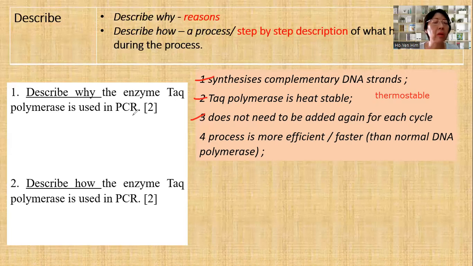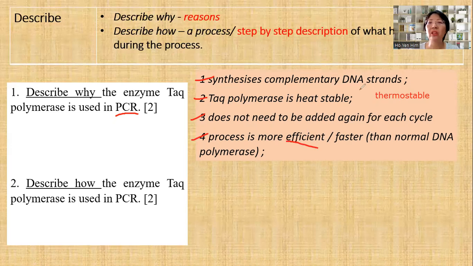Because Taq polymerase is thermostable, we do not need to replenish or add in fresh enzyme, because the enzyme will not be denatured, so we can reuse it again. And because it's thermostable, we can carry out PCR at high temperature. So therefore, it's more efficient.